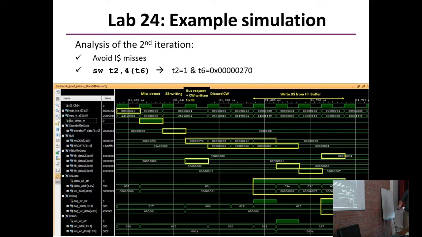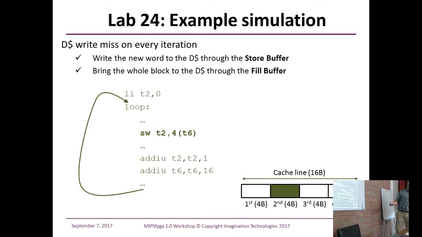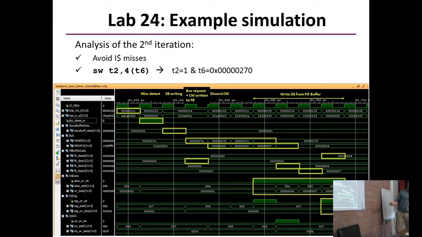The simulation is quite interesting because, can you open it please in your screens? Let me just highlight a very small thing. What we are forcing here is a write miss.